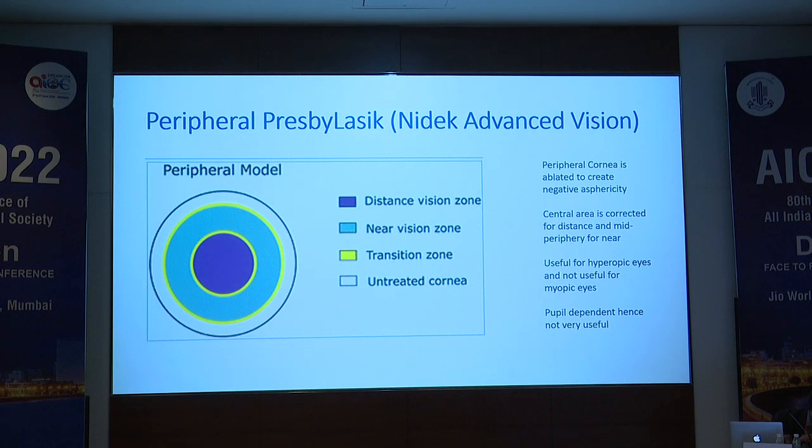Now, there is a problem here because most pupils are not large enough to accommodate so many zones. Again, in bright light you are constricted, and when you have bright light, you have miosis, and you can't read. And the basic thing is that if you were to try and do this in a myope, you tend to eat up a lot of tissue. So that's the problem with peripheral LASIK.